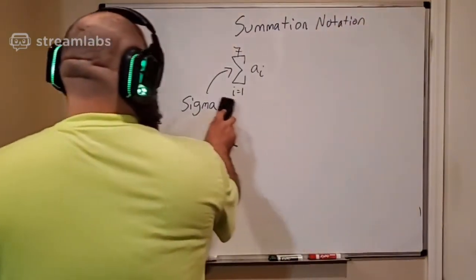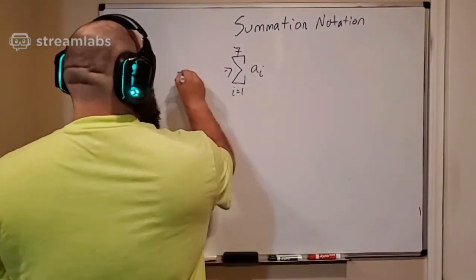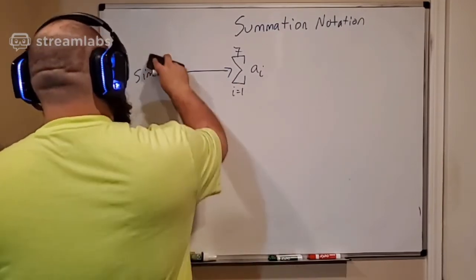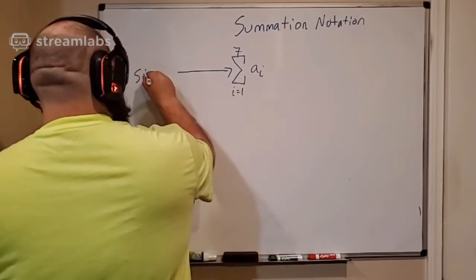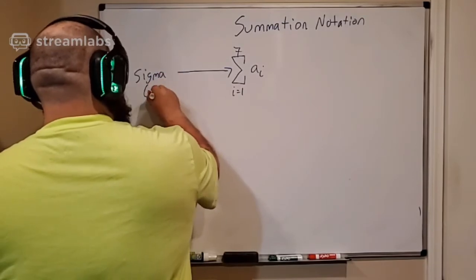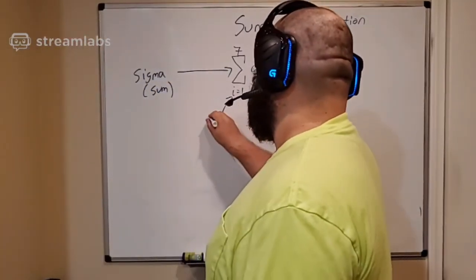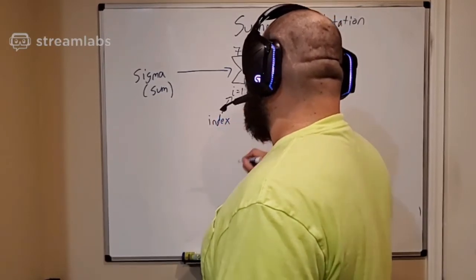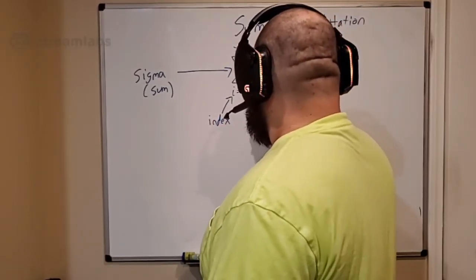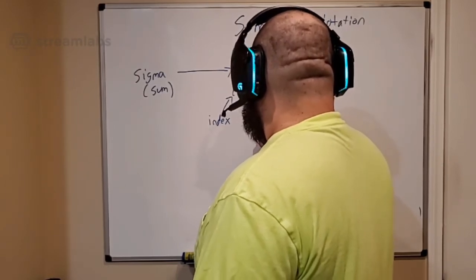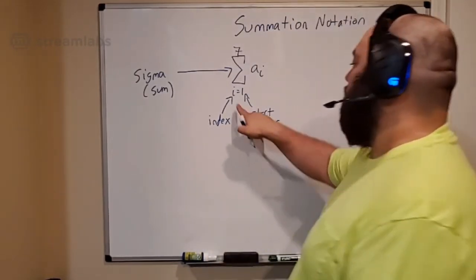It would help if I can spell correctly. And it means sum. We have our I down at the bottom. This is what we call our index. That's why it's an I. Start or lower bound. Whatever the index is equal to is what we call our starting point, or what I refer to as a starting point. It's also called your lower bound.